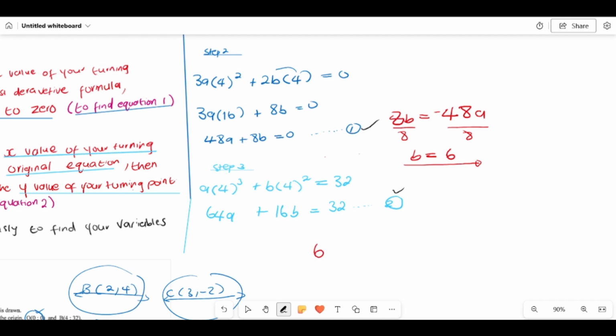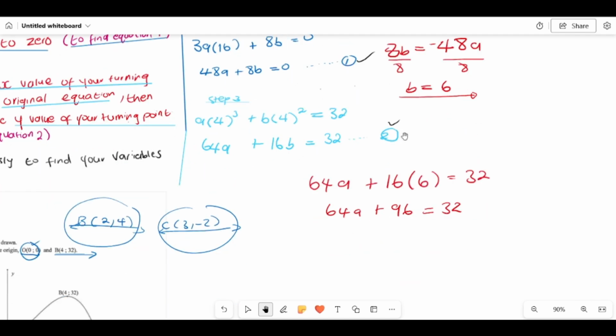So here is going to be 64a plus 16, and remember, I said my value of b is 6. This is equal to 32. And as a result, 6 multiplied by 16, this is the same as 96. Here it's 96. This is equal to 32. And here I still have 64a. Now, taking the 96 to the other side, it's going to become a negative.